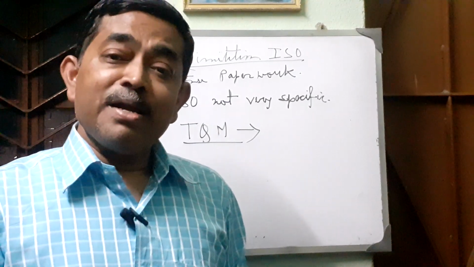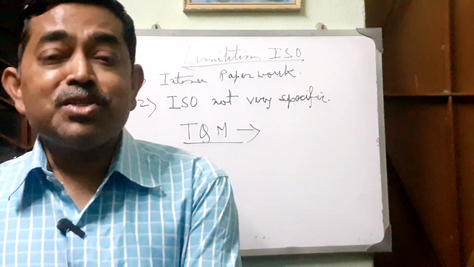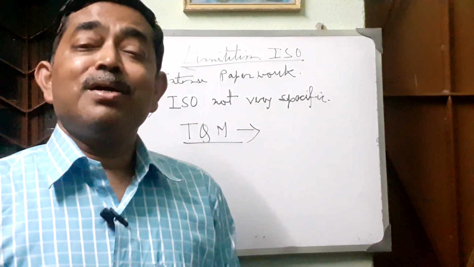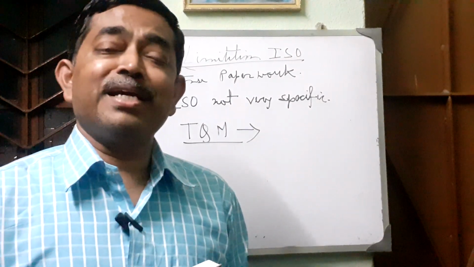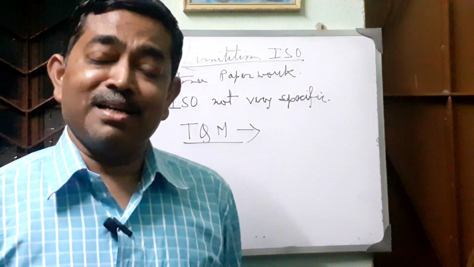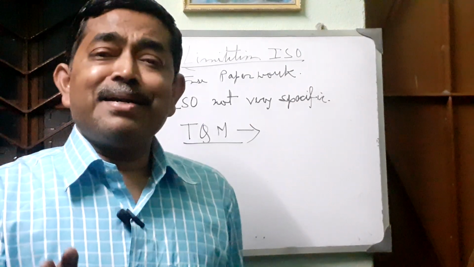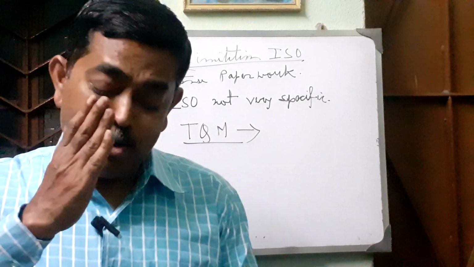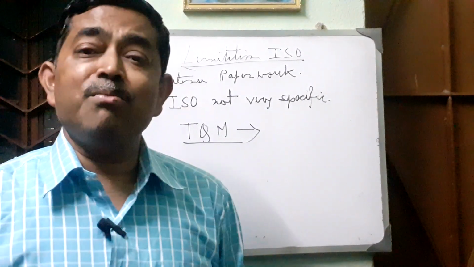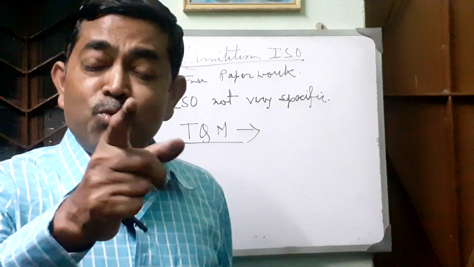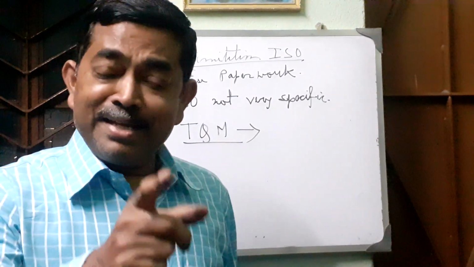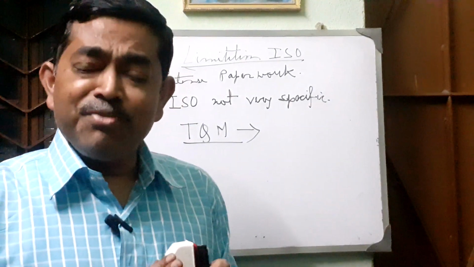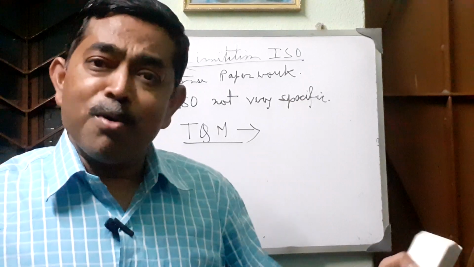The second thing is that the management, the lower management, and the employees and workers also have the wrong notion of hiding some things. I do not say that you have to hide your mistakes. I say you make a record of your mistakes, find out the root cause, and make the proper CAPA for that. If you hide these things, there will be no scope for improvement.